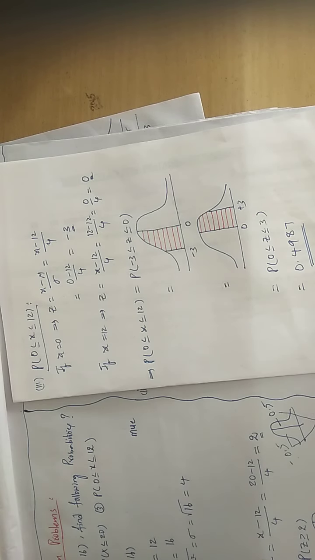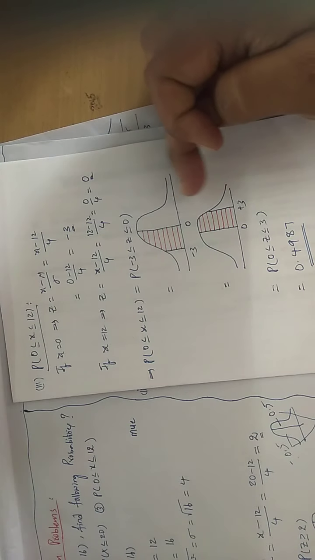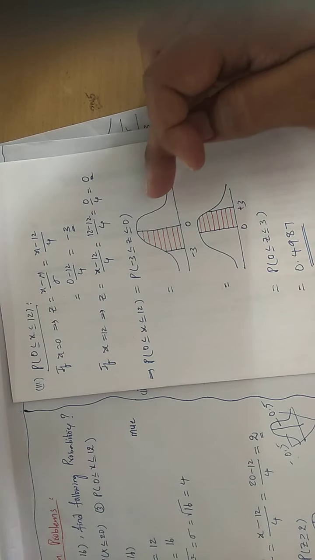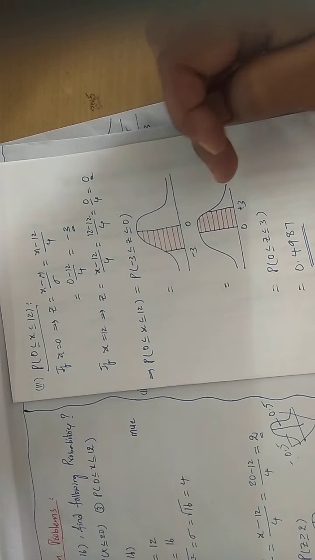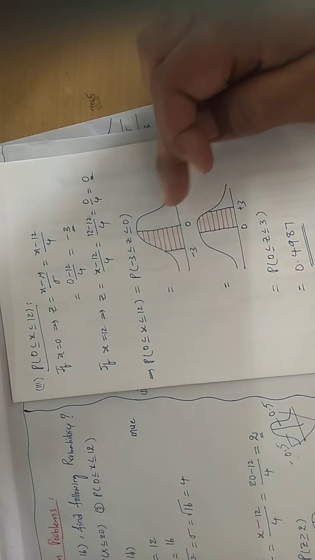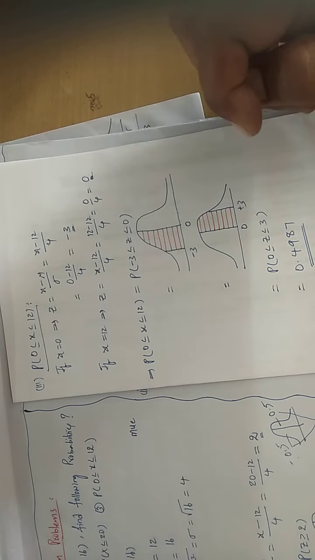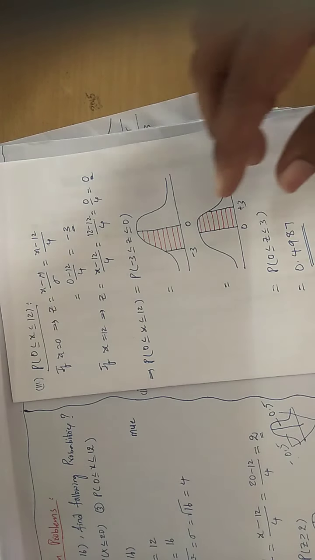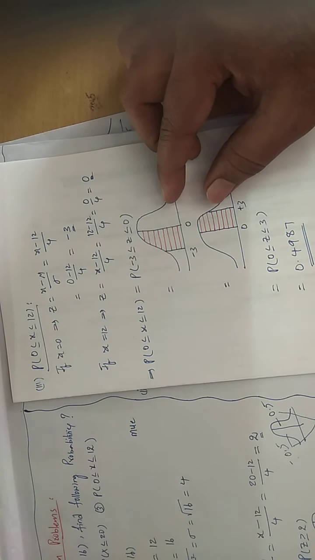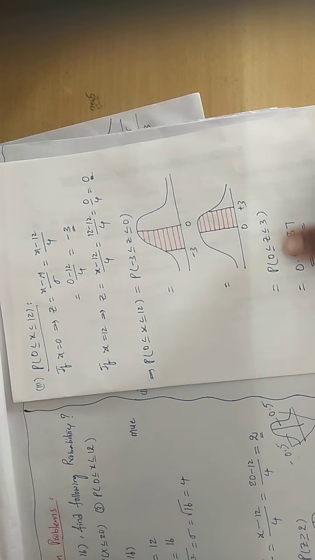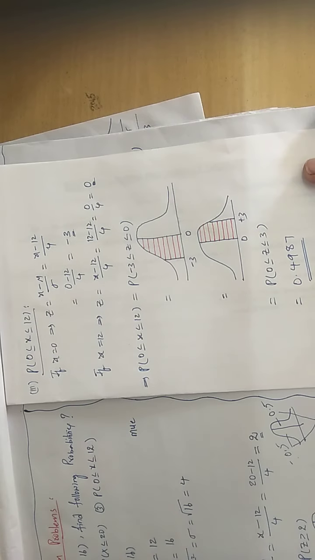But exclusively as far as the normal distribution is concerned, you need to draw the bell-shaped curve. You should understand the logic behind this probability, the logic behind the shading of the area. When you clearly understand this, then writing the probability becomes easy. Then read out from the table, you will get the answer.